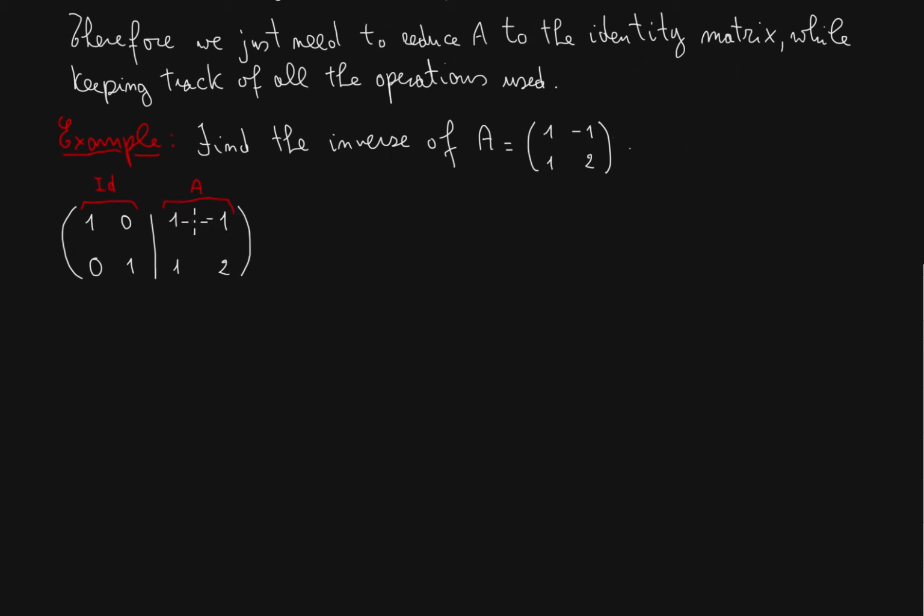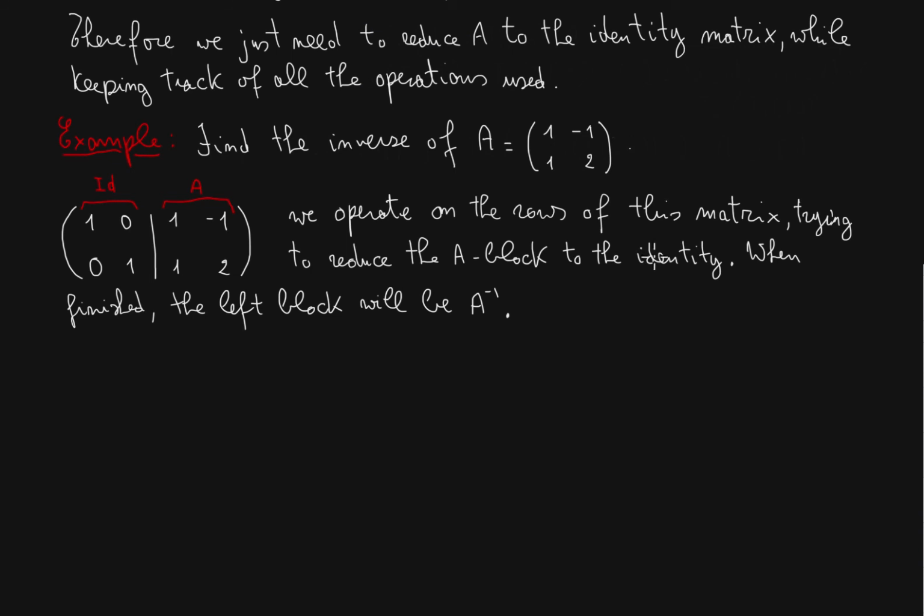So this way, focusing on the right block and trying to make it the 2 by 2 identity matrix, we will eventually get, if of course A is invertible, the inverse matrix of A on the left block, simply because at each stage we will be applying on the identity matrix the same row elementary operation we apply on A. So let's do that.